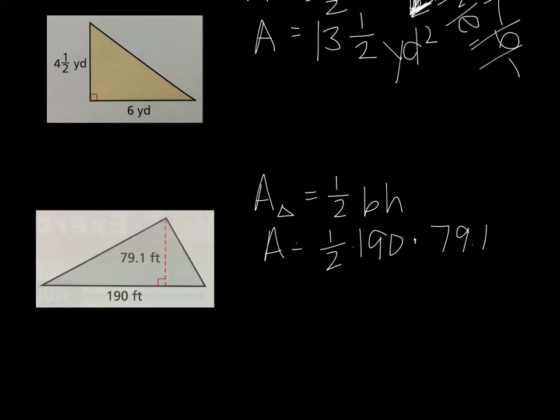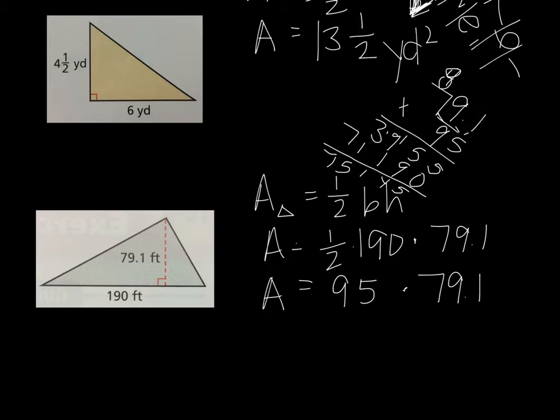So half of 190 is 95. Okay, and then I need to multiply that by 79 and 1/10, and that's going to give me my area.